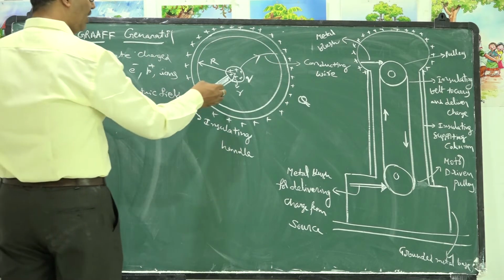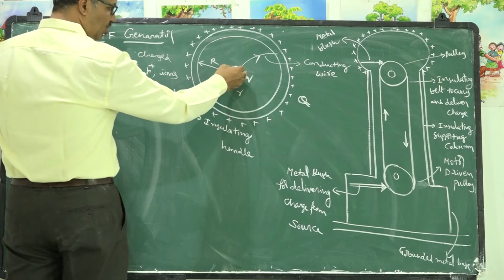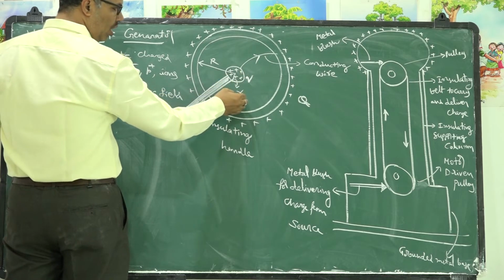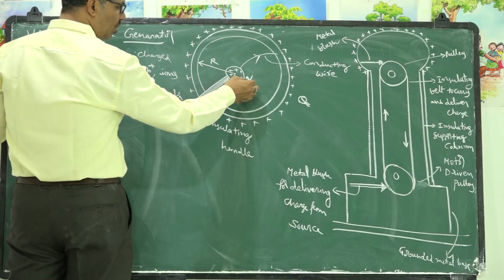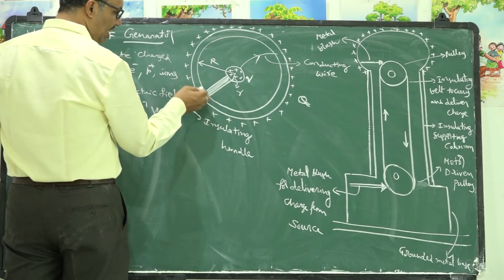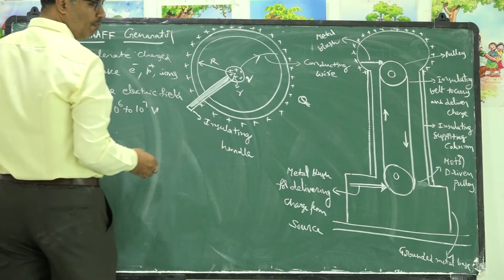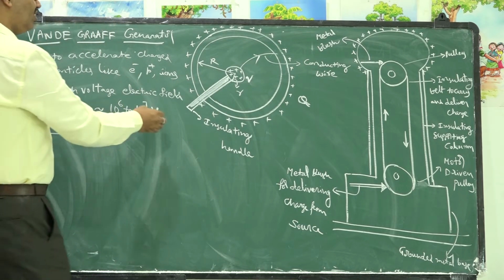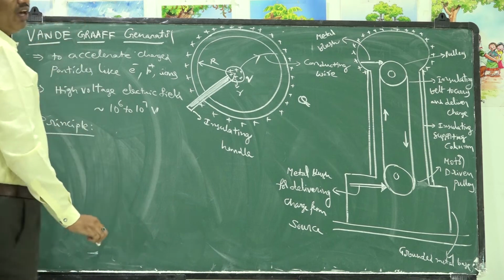Now I am introducing some another sphere, very small sphere of radius small r, possessing a small charge q with the help of some insulating rod such that it does not touch the spherical shell. After introduction of this, how the potential is going to vary.